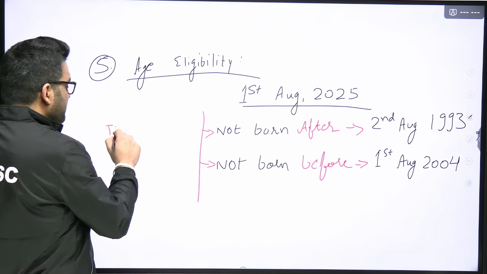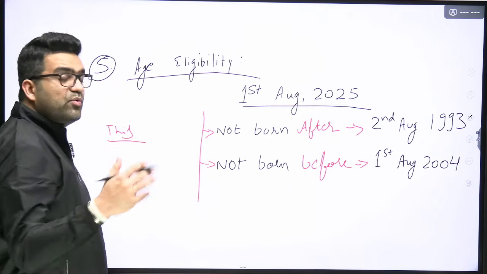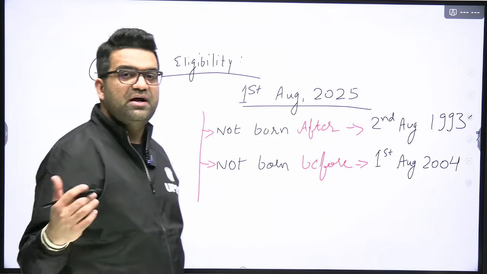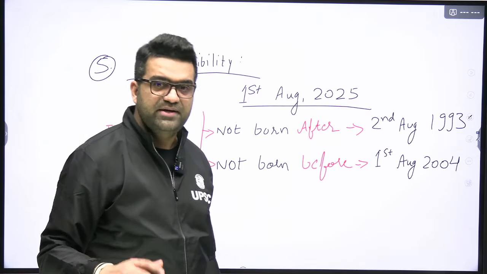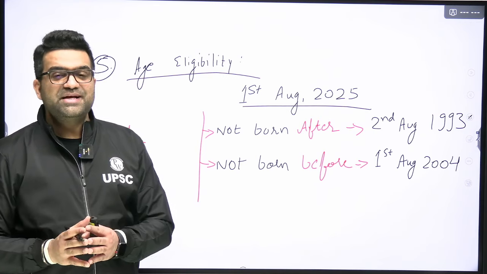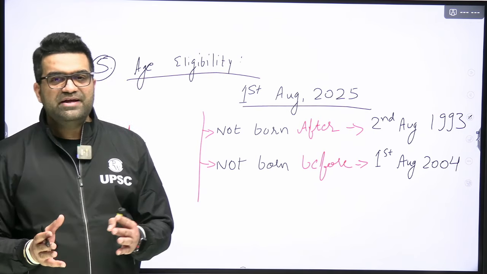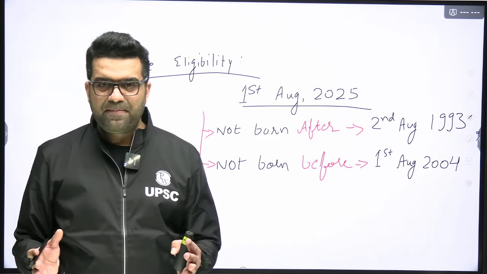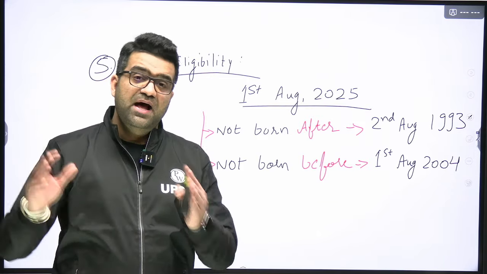This time, many details that were earlier required at the time of the mains examination are being sought right away here itself. Appearing in the UPSC Civil Services exam, I believe, is a national hobby in our country. Everybody is applying at least once. Amitabh Bachchan had applied.